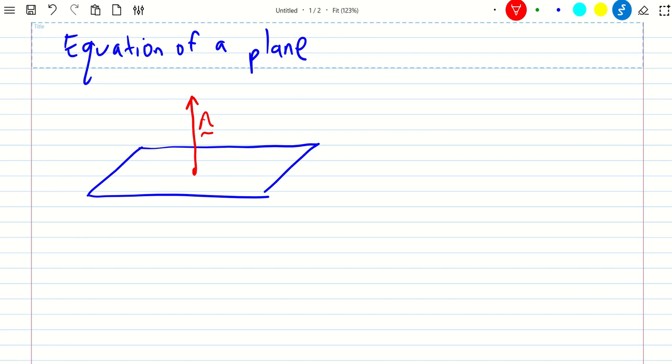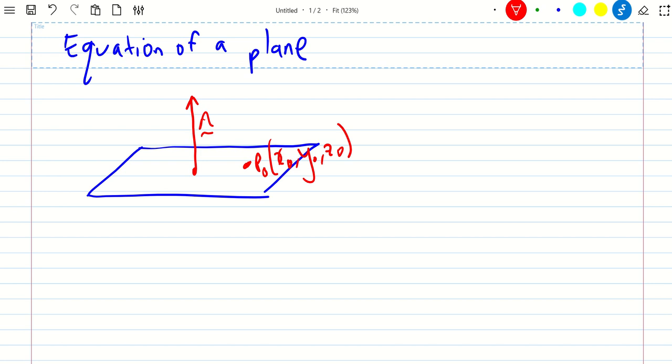If we've got a normal there, and some point on the plane, it could be any point P naught, like we talked about before, let's say P naught is x0, y0, z0, some sort of initial point.